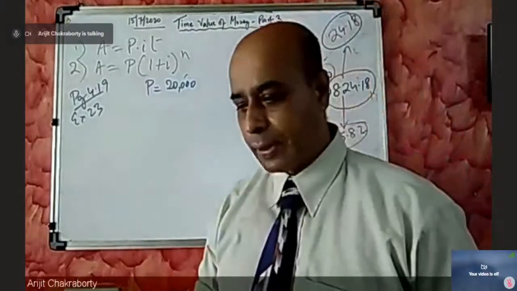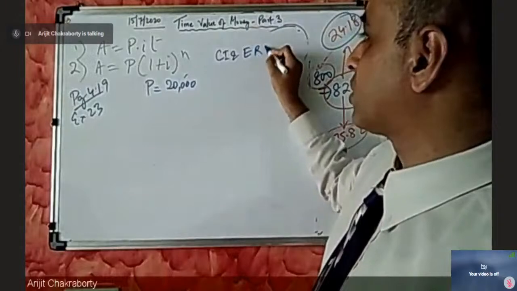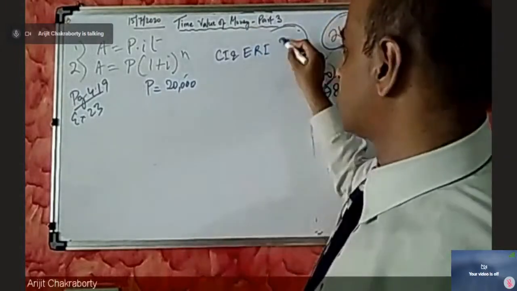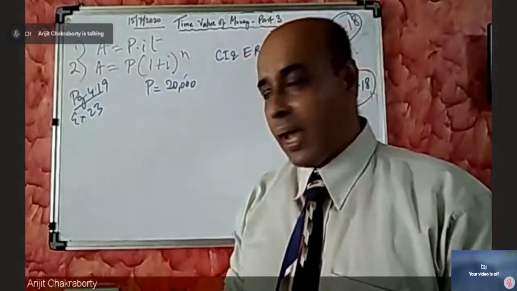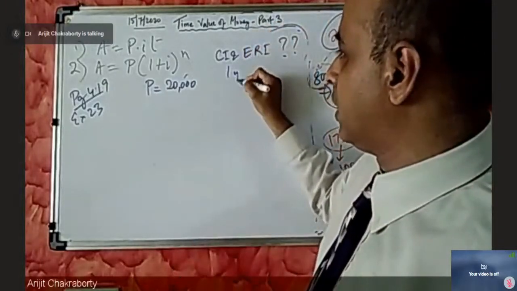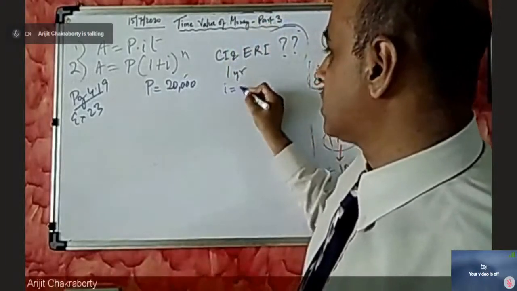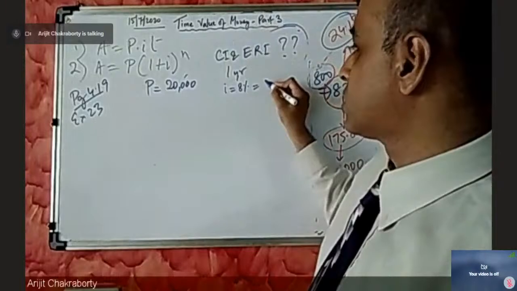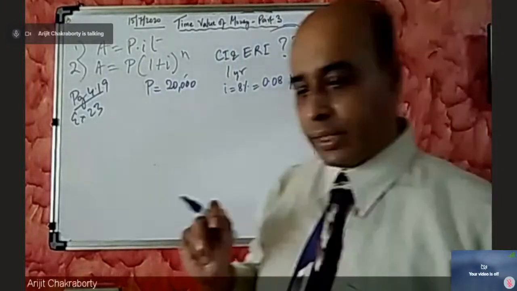We have to find out the CI and the effective rate of interest. The duration is 1 year, and the rate of interest is 8%, so i is 0.08 per annum.